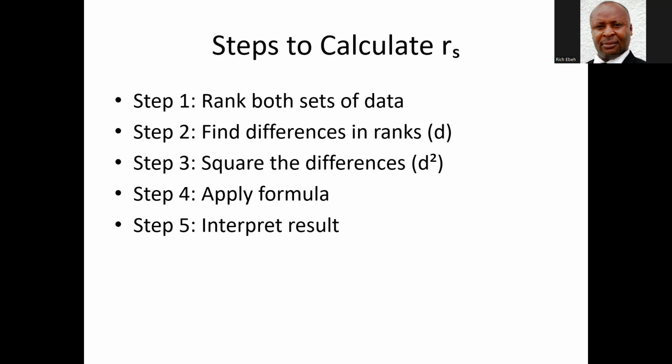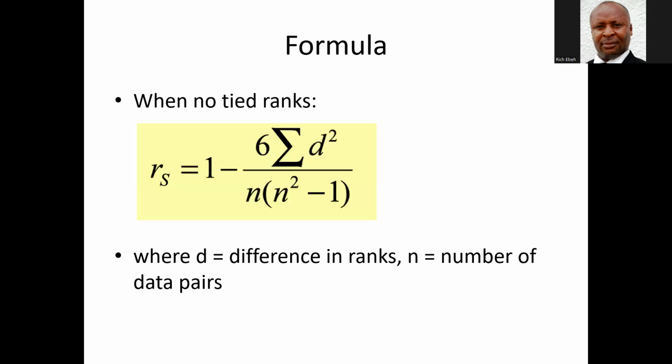Then step two, you find the differences in the ranks, denoted by the letter D. Then after finding the differences in the ranks, you have to square them, and then number four, you apply the formula, and lastly, you interpret the result. Just these 5 steps are universally consistent when calculating the Spearman rho.